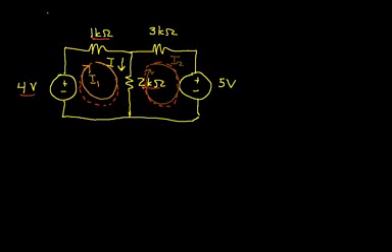Okay, so we'll start with this mesh current that we've defined, and we'll apply Kirchhoff's voltage law around the mesh. We'll start at the source, and since we'll apply the voltage law in the same direction as we've defined the mesh current, I'm going from negative to positive on this source. So Kirchhoff's voltage law will give me a minus 4 volts.